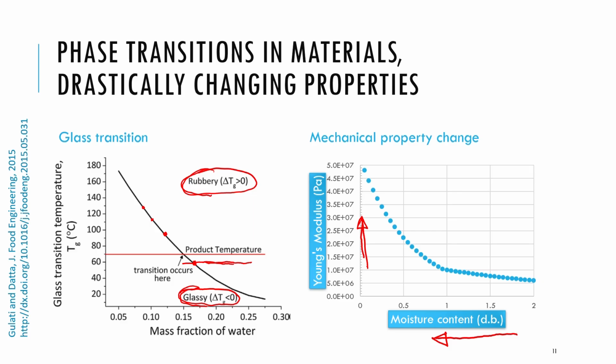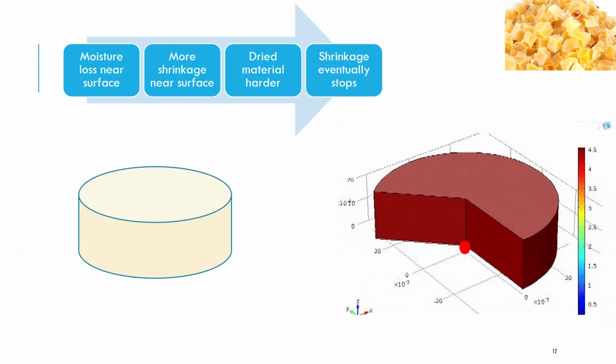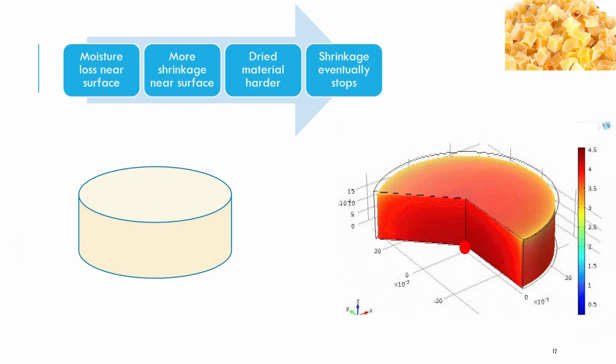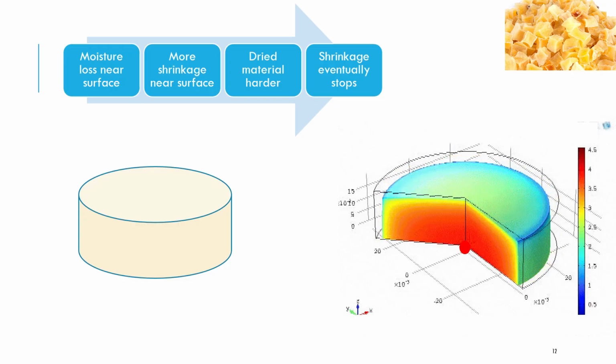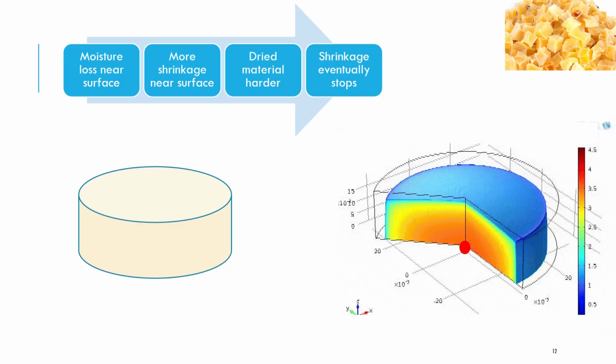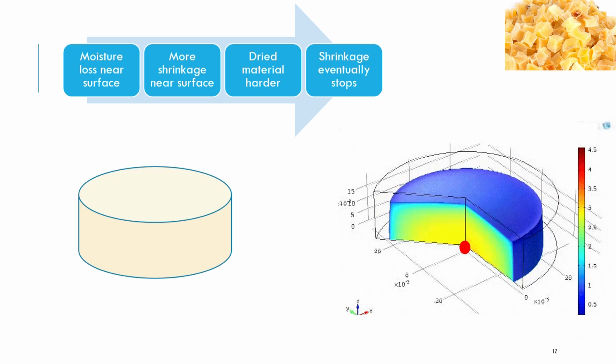And this is a big deal in terms of how the shape changes. This big change in property as the material goes from rubbery to glassy is not going to happen uniformly throughout the material. Why?